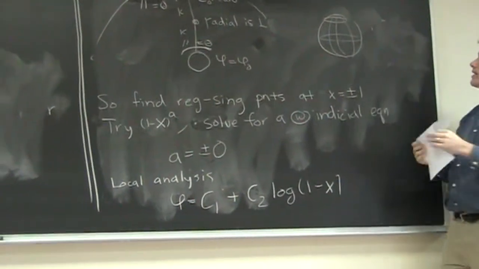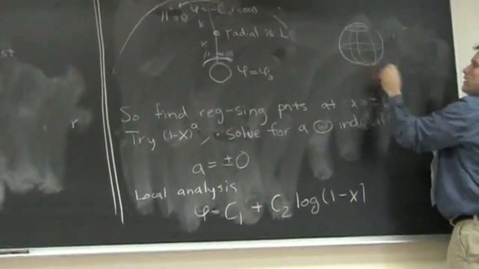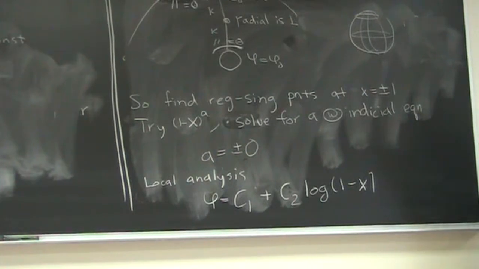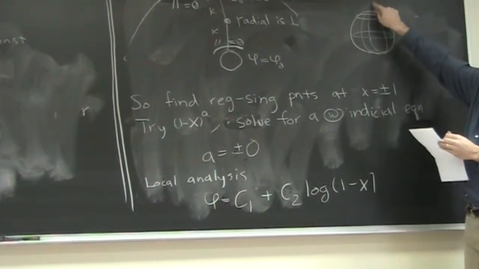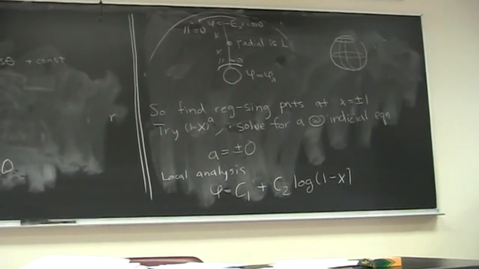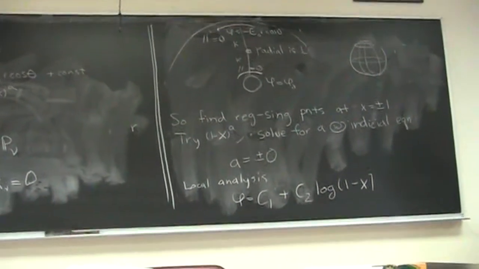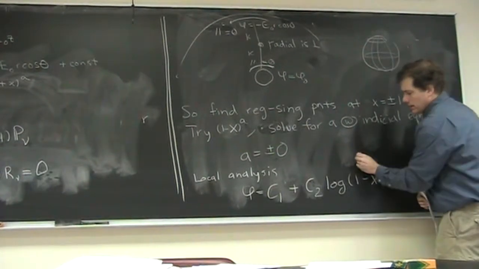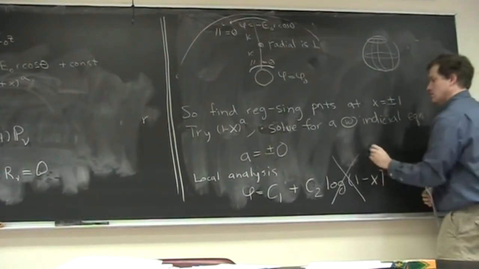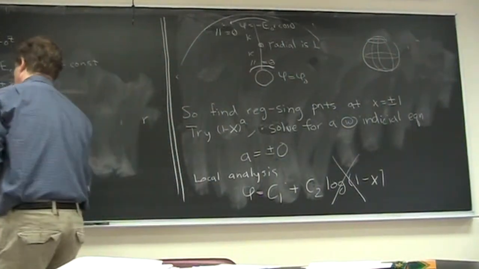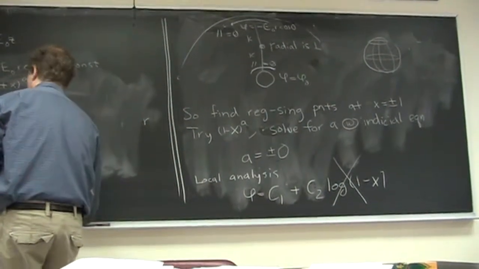So at x equal 1 and x equal minus 1, the singularity arises because your coordinate system is badly behaved at that point. So those are coordinate singularities. So typically what you want to do is demand that these are 0. Demand regularity at those points.